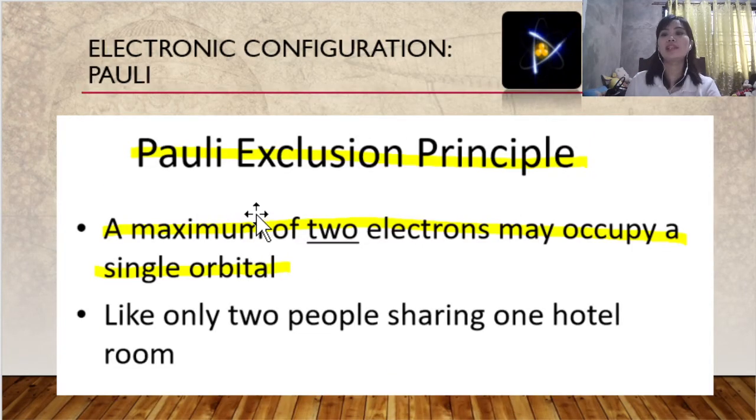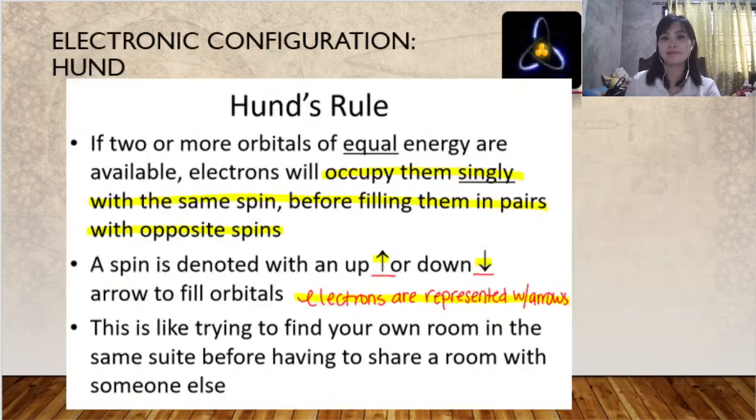Next, for the Pauli exclusion principle, a maximum of 2 electrons may occupy a single orbital. So you fill only 2 electrons in one orbital. Okay, 1 orbital equals 2 electrons. Do not forget that.